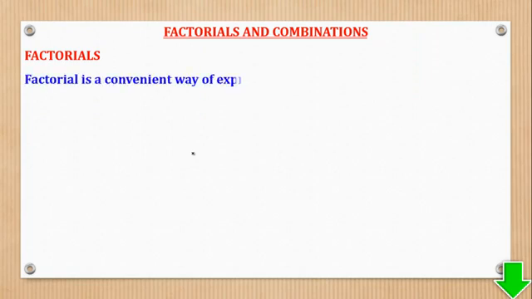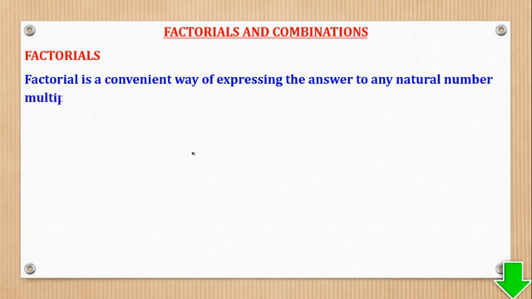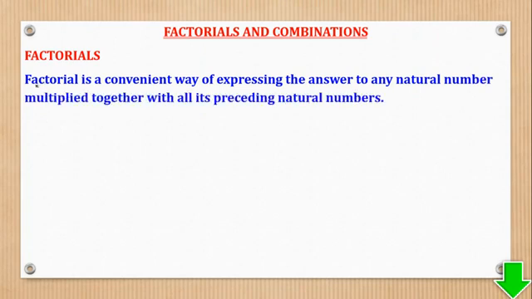So today we have to look at factorials and combinations. Let's start with factorials. A factorial is a convenient way of expressing the answer to any natural number multiplied together with all its preceding natural numbers.